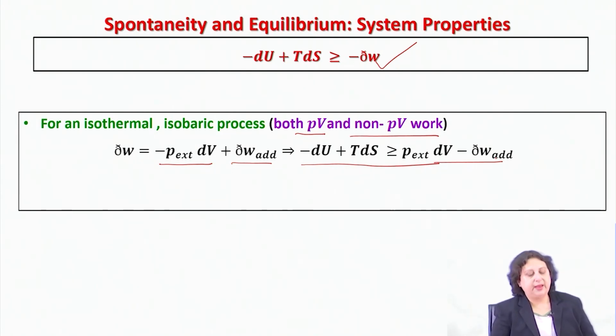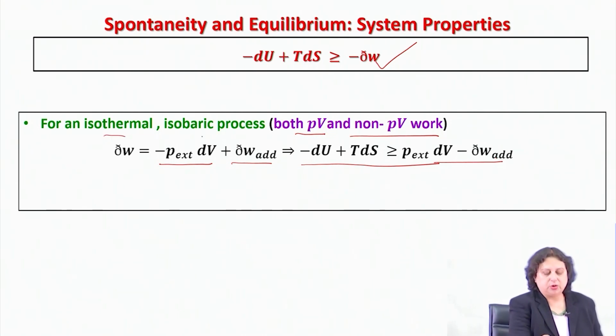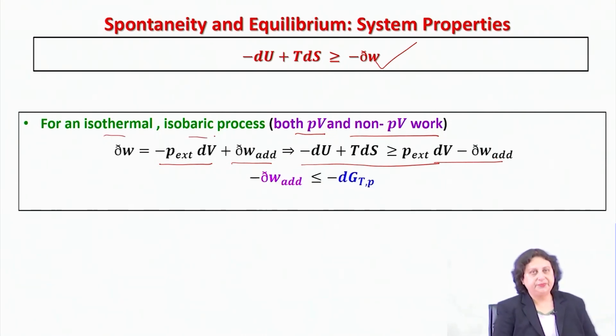Now I am going to collect terms which are having contributions of constant temperature and pressure, and I will be able to show that minus del W additional must be less than or equal to minus dG_TP.